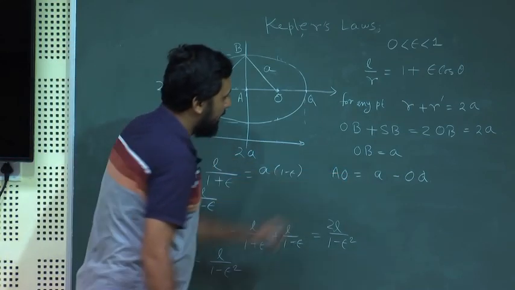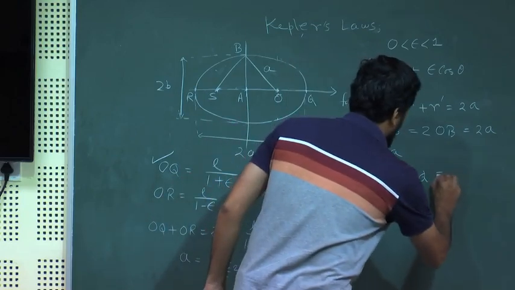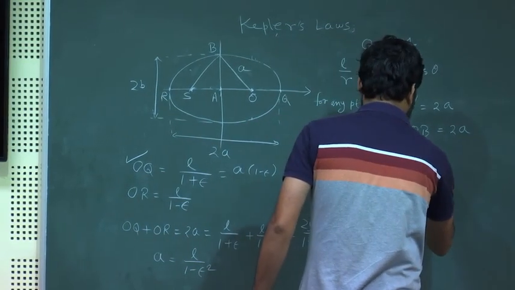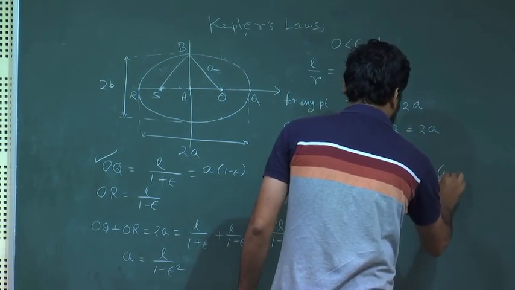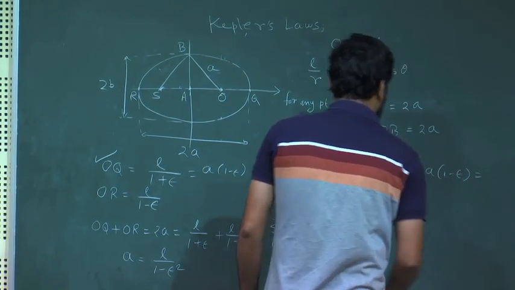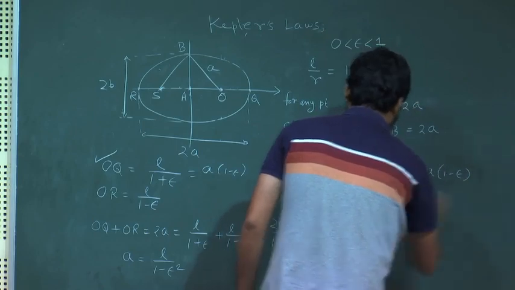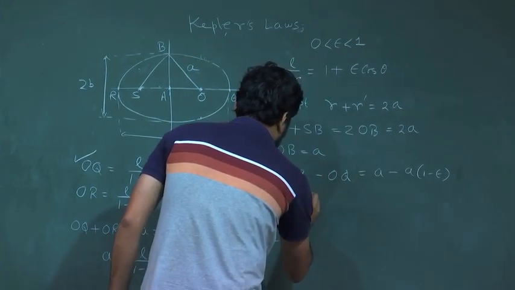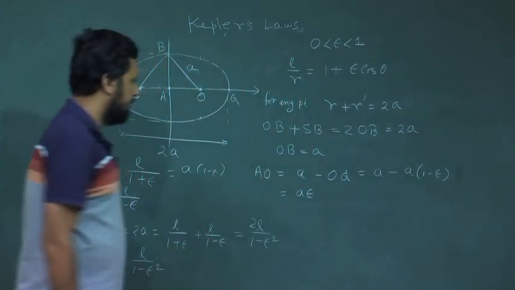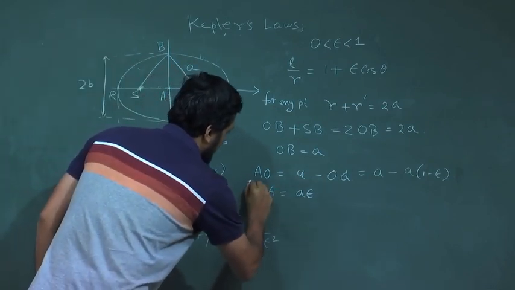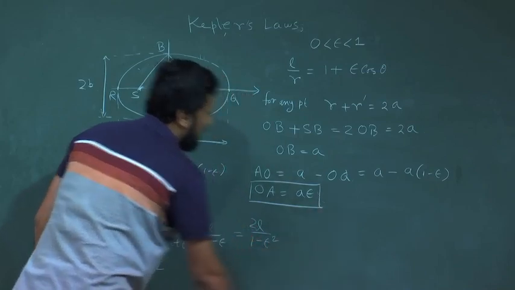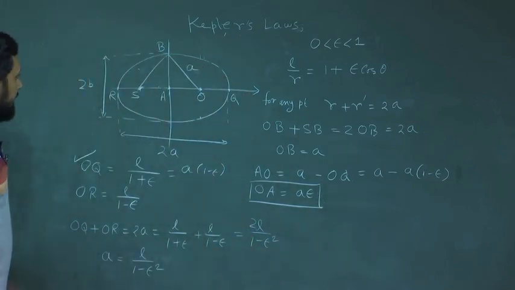Now, we go back to this relation and we see A minus A times 1 minus epsilon, which will be simply equal to A epsilon. So, OA, or AO, is equal to A times epsilon, right.